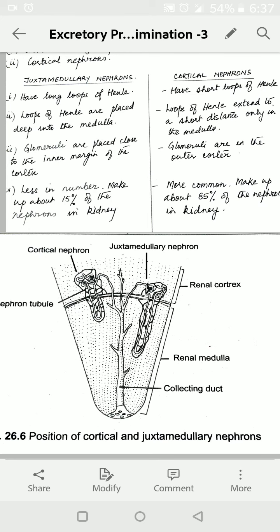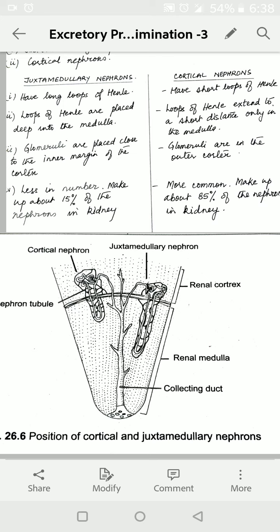You can see that the juxtamedullary nephron has long loops of Henle, whereas the cortical nephron has a short loop of Henle. In the juxtamedullary nephron, the loop of Henle is placed deep down in the medullary region of the kidney, whereas in the cortical nephron it runs a very short distance in the medullary region.